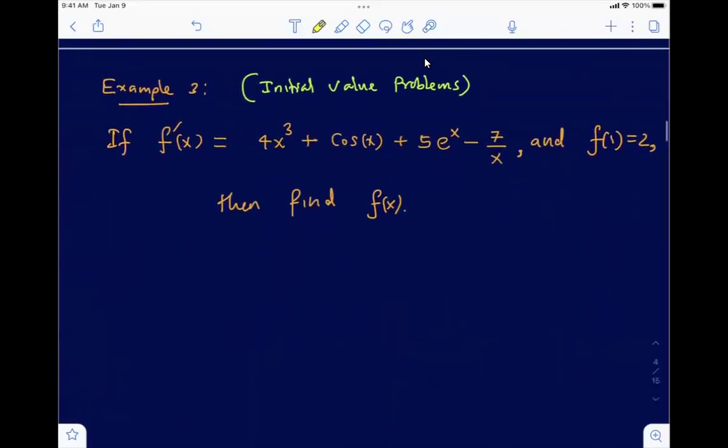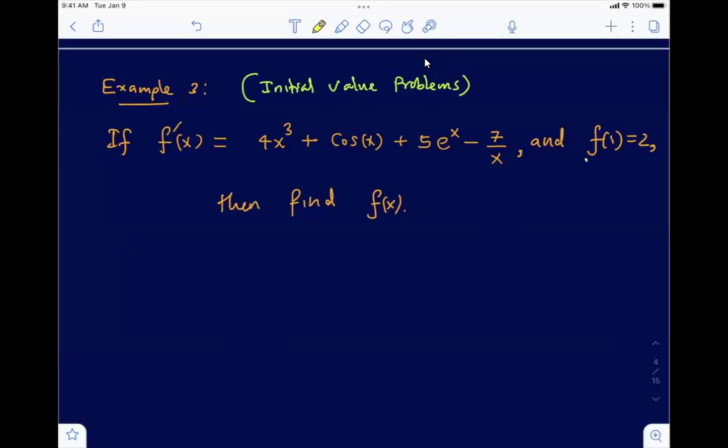All right, so let's look at one occasion where we will have a chance to get rid of that plus c, the arbitrary constant. First of all, this kind of problem is called an initial value problem. How can you recognize it? First of all, the derivative is given.